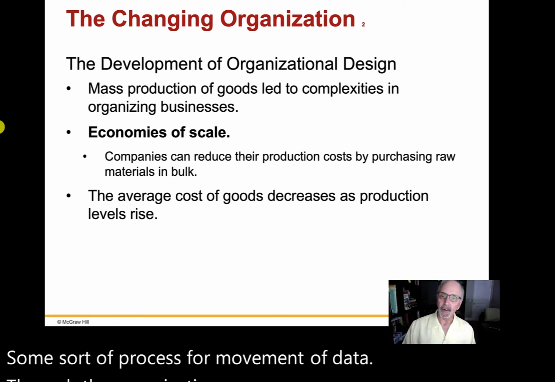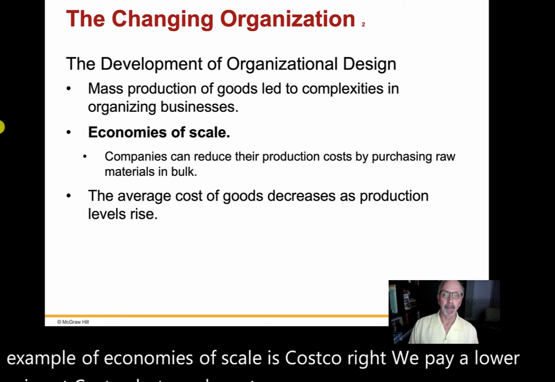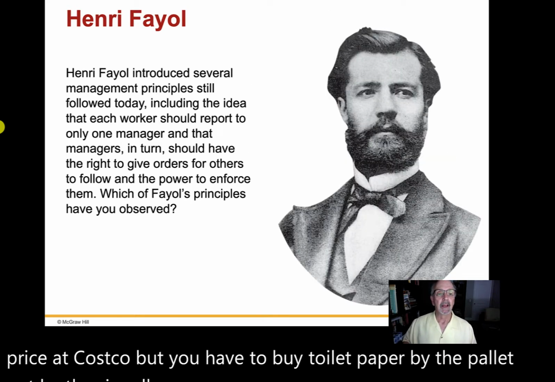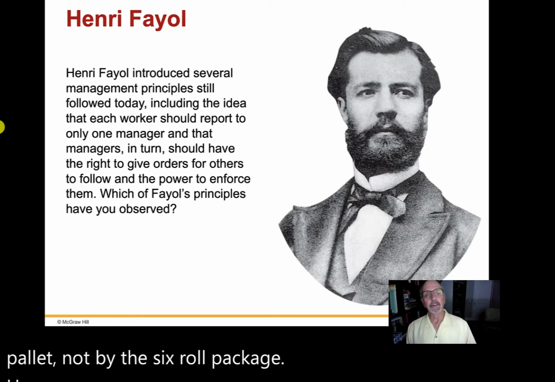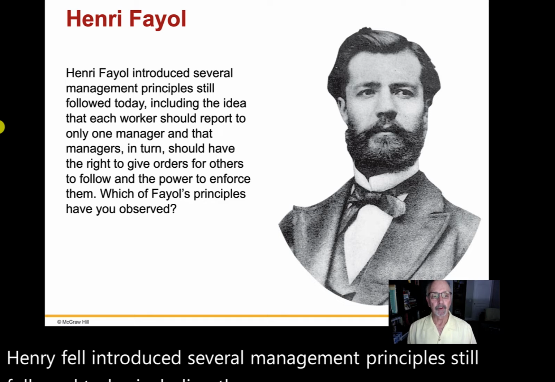Economies of scale. A perfect example of economies of scale is Costco, right? We pay a lower price at Costco, but you have to buy toilet paper by the pallet, not by the 6-roll package.